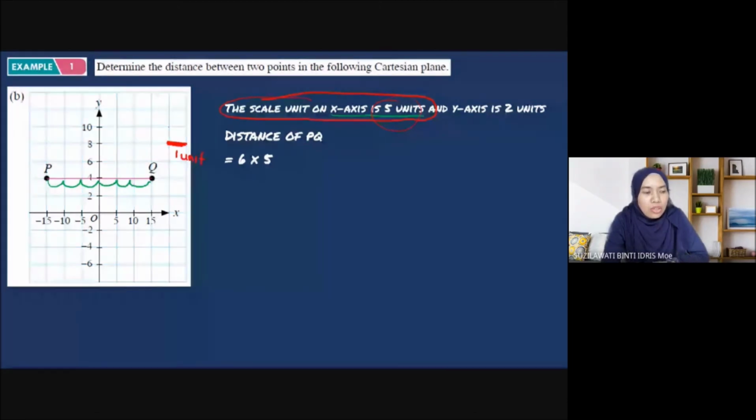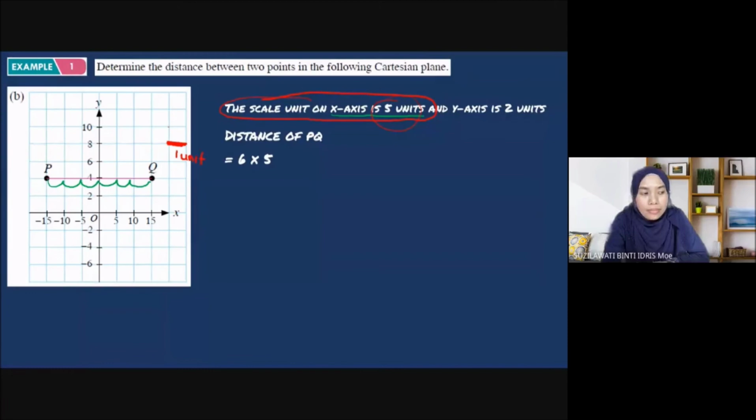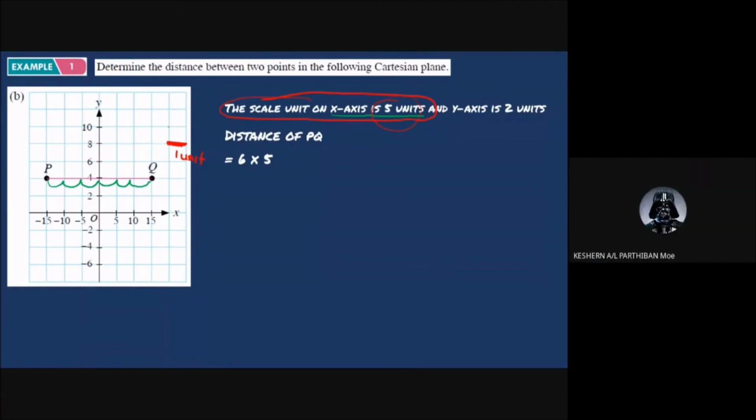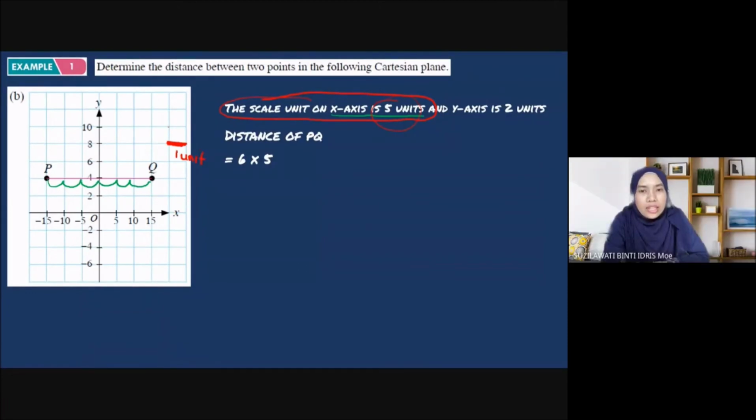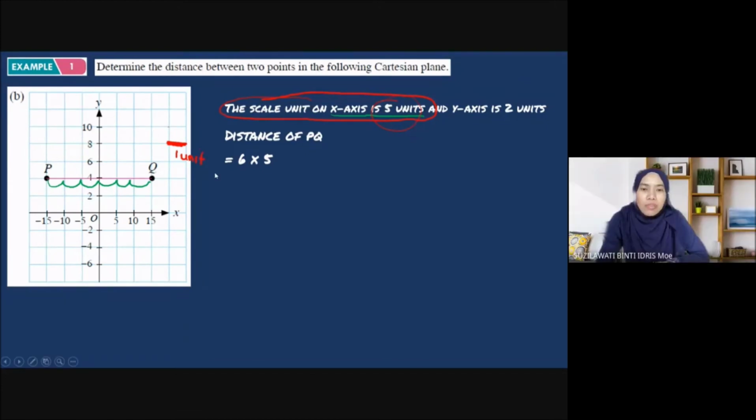You use this unit to refer to the scale given in the question. Mereka yang bagi tahu skala dengan 5 unit tu. Dalam soalan dinyatakan. Kamu kena perhatikan betul-betul soalan tu berapa scale dia. So we multiply it by 5, then we get 30 units.